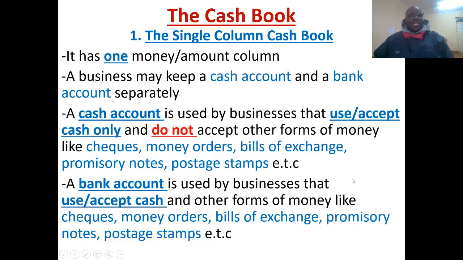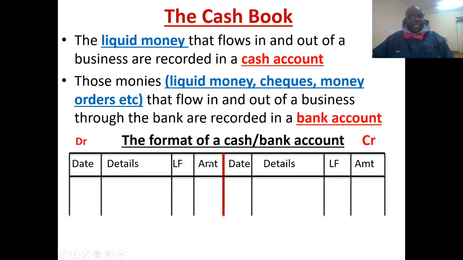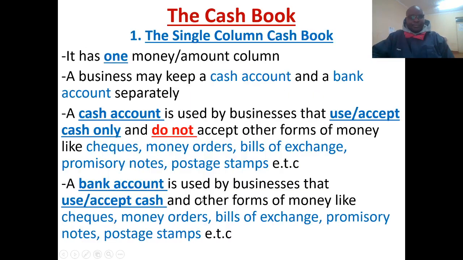We start with the single column cash book. It has one money column, this amount column, on each side of the cash book. A business may keep a cash account and a bank account separately.